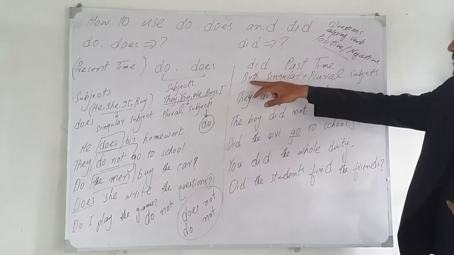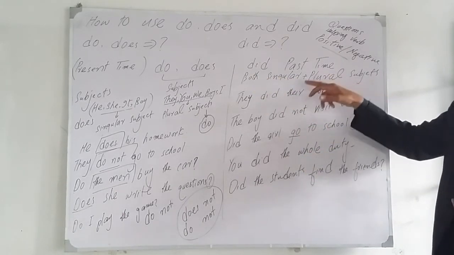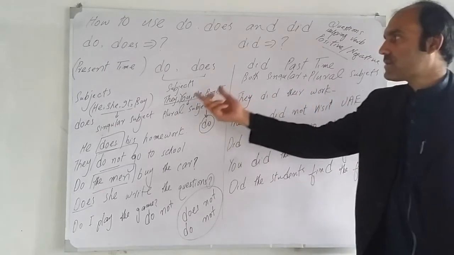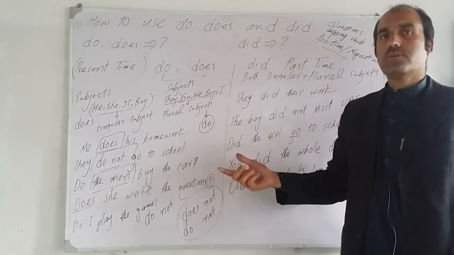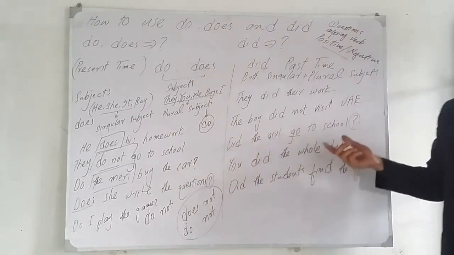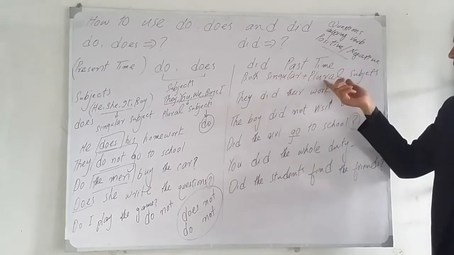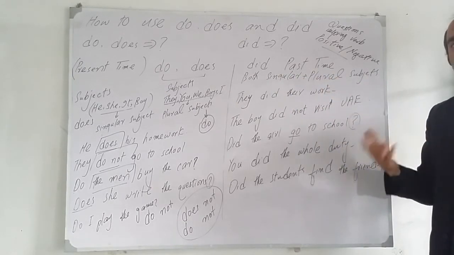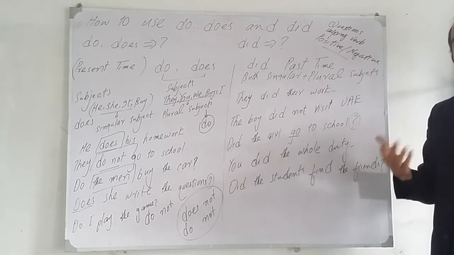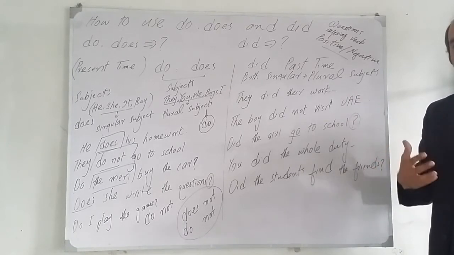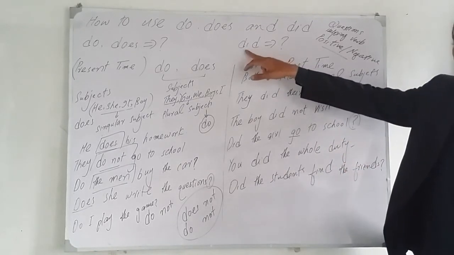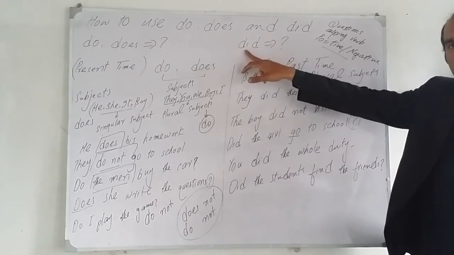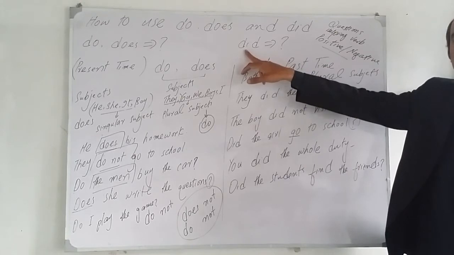Here I have written both singular and plural subjects. It means that, as you have to think here about where to use do and where to use does, you shouldn't think like this with did. With both singular subjects and plural subjects, whether you have they or he, whether you have she or you, for all these types of subjects you can use the same verb form did, if you are making interrogative sentences, negative sentences, or you are using did as the main verb of your sentence.